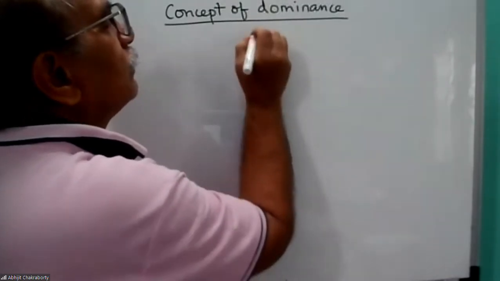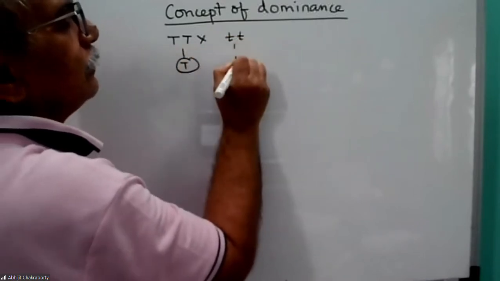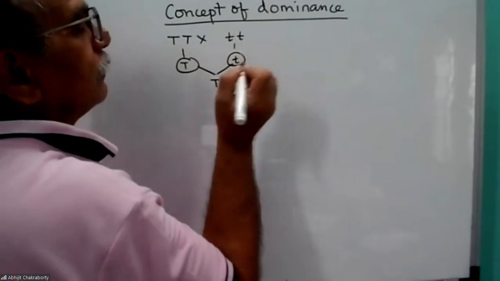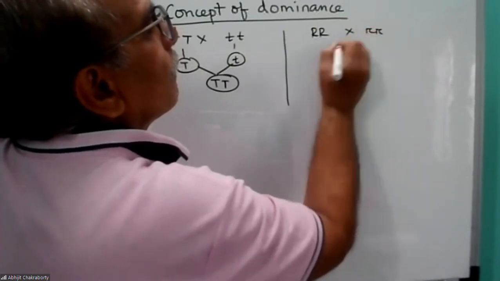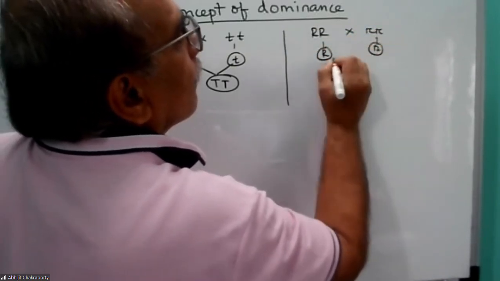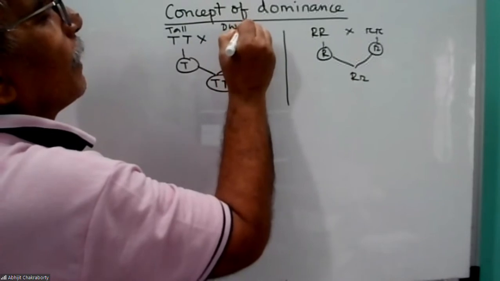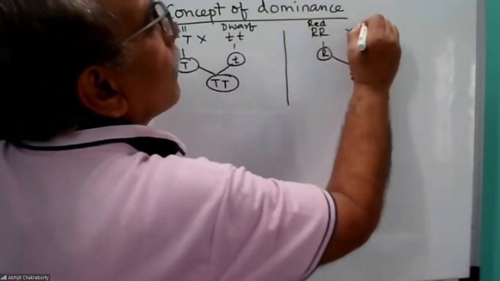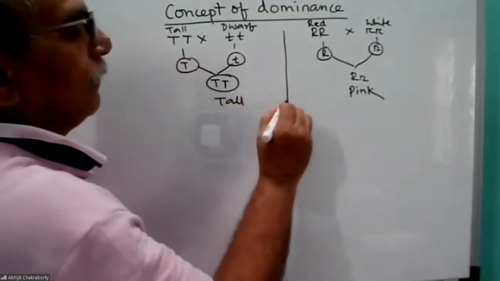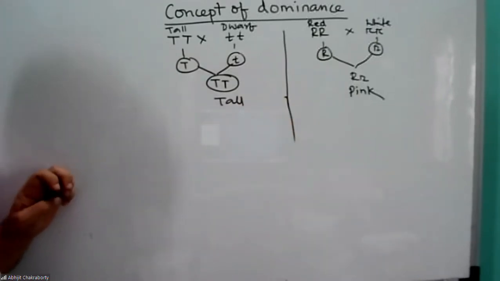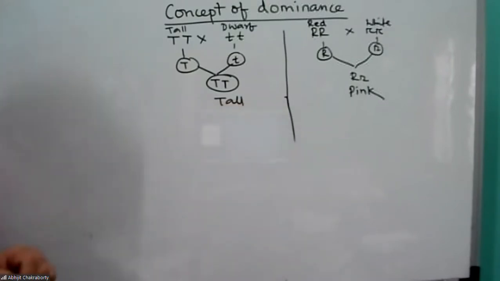You see two cases: capital T, small t, capital T. Go to these two examples. Then how is it happening actually? It is said.